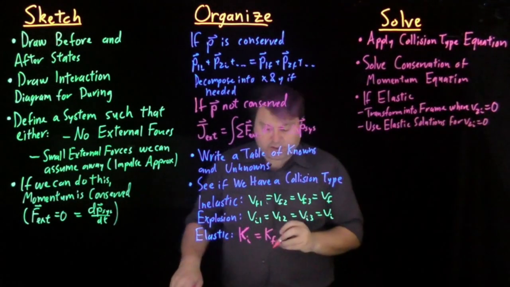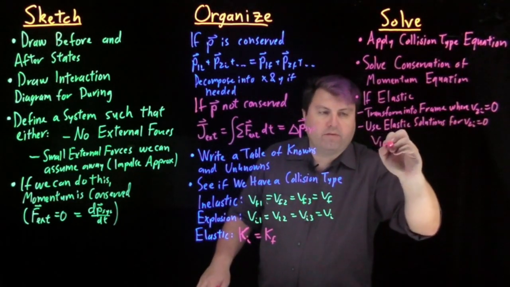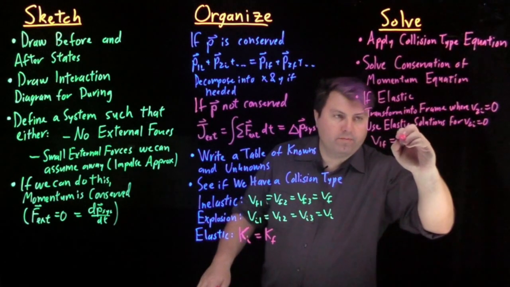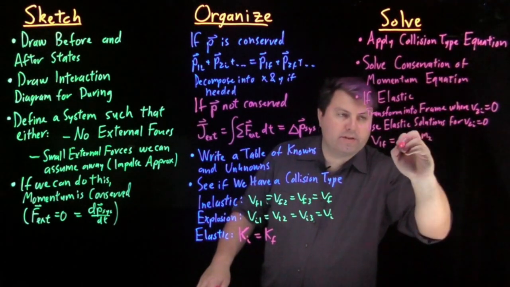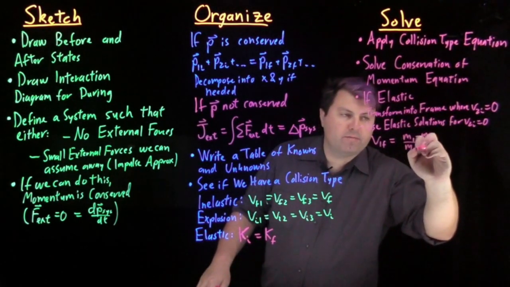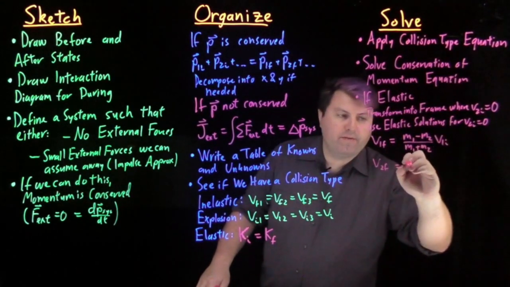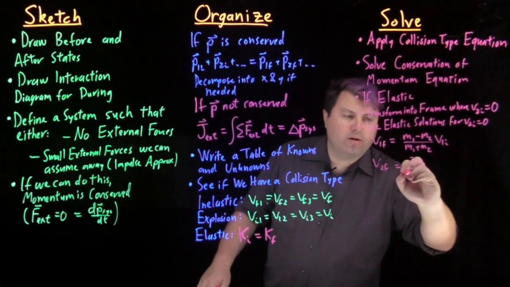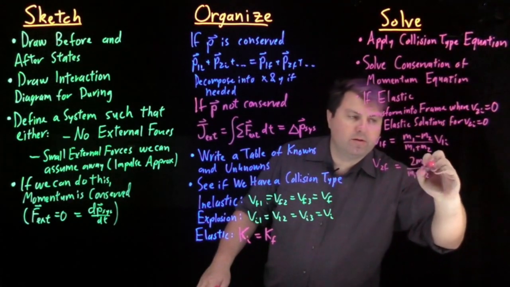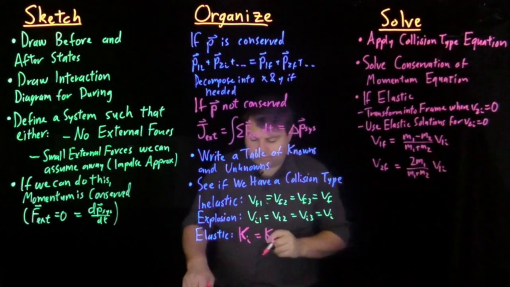Our elastic solutions are that V1F is equal to M1 minus M2 over M1 plus M2 times V1I. And V2F is equal to 2M1 over M1 plus M2 times V1I.